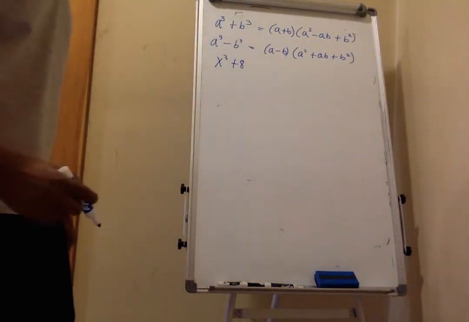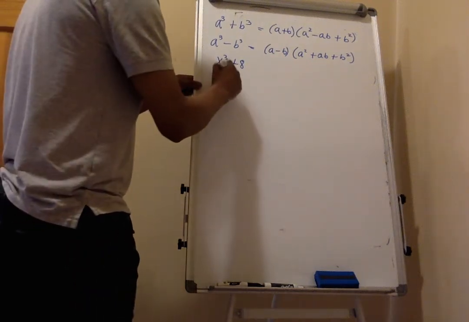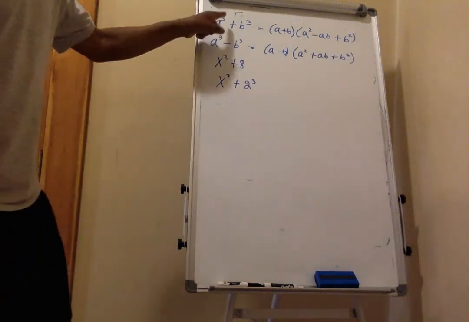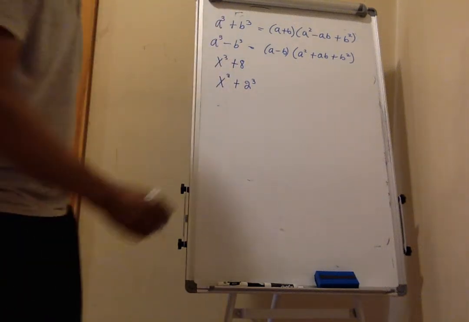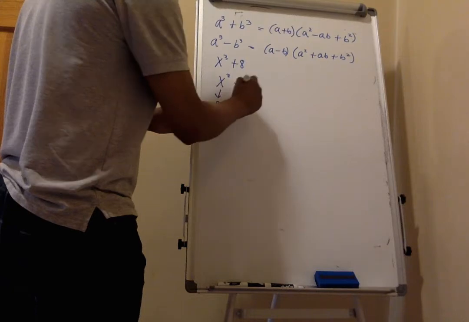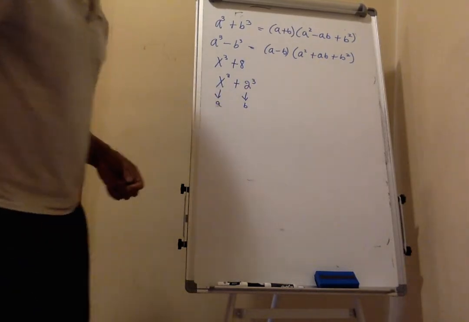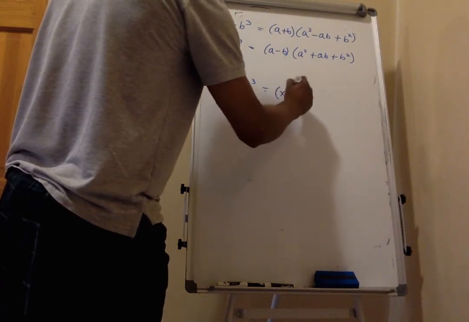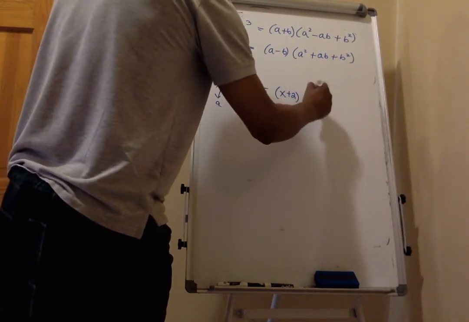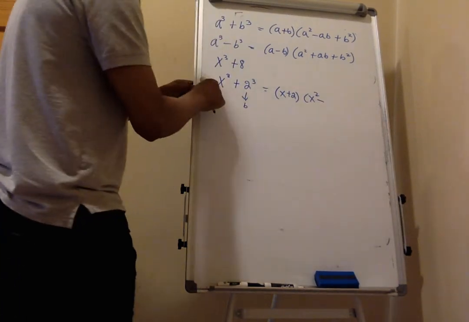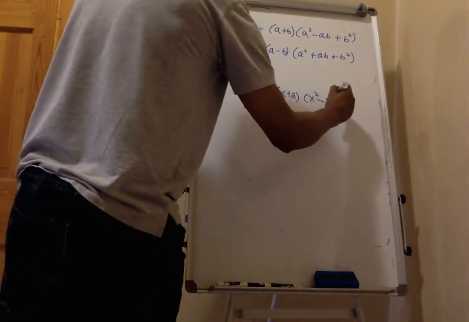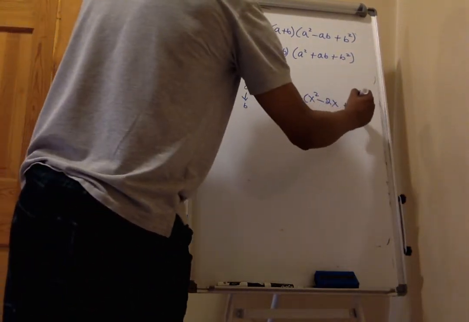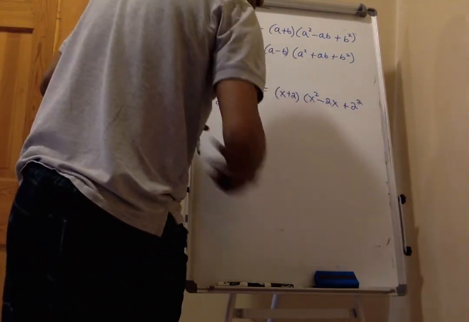This is the sum of two cubes. Then rewrite this as x cubed plus 2 cubed. And then use the formula, the sum of two cubes. So this is your a and this is your b. Okay. So if you do that, then you end up with x plus 2, and then you have x squared minus x times 2, which is 2x, because x times 2 is 2x, plus b squared, 2 squared, which would give you 4.